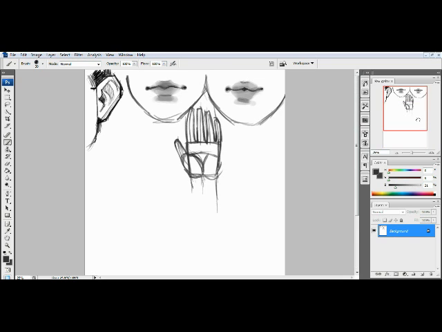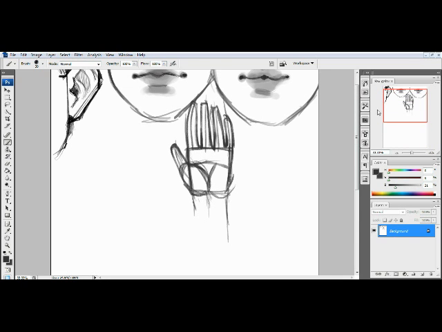Eyes, maybe? Eyes can look like anything, just like lips. But the way I draw eyes is, you always have to remember that there's an eyeball underneath those eyelids and everything.